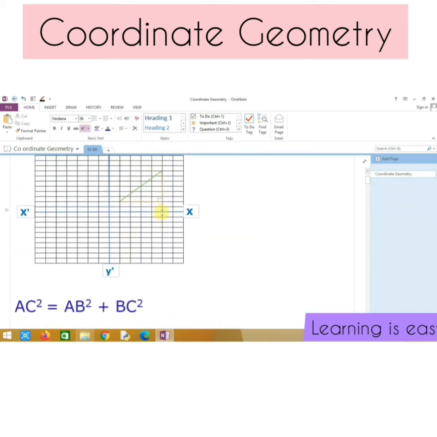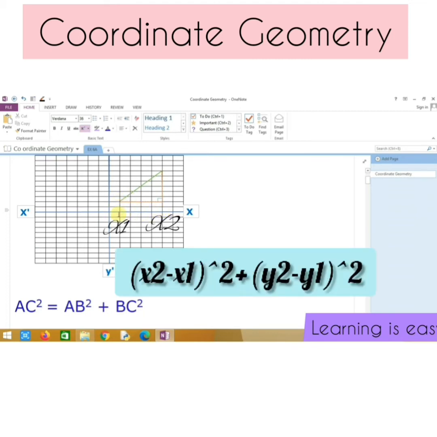So the difference between the x points gives you x2 minus x1 and the difference between the 2 points on y gives y2 minus y1.